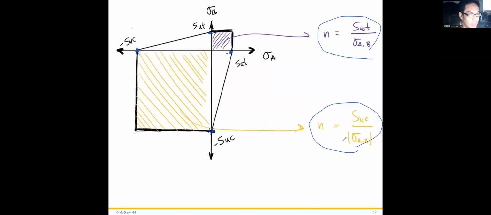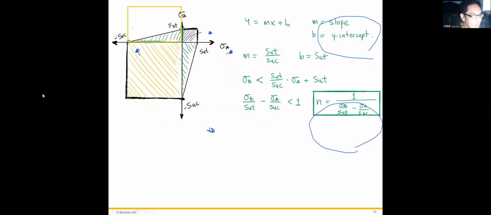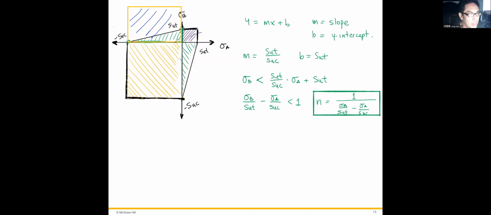If the stress condition is in the second and the fourth quadrant, what should the safety factor be? Sorry, it's not quite correct. The second quadrant.